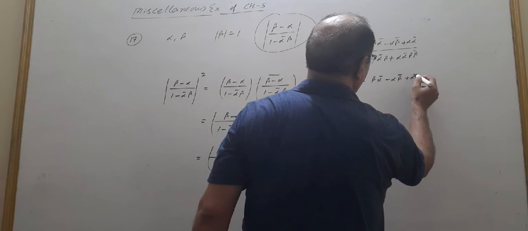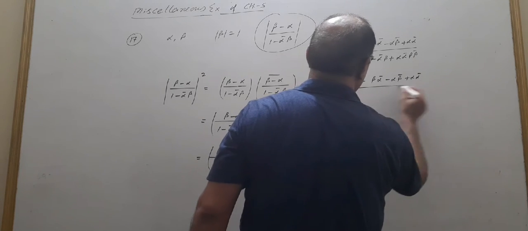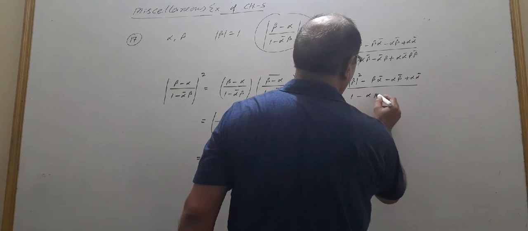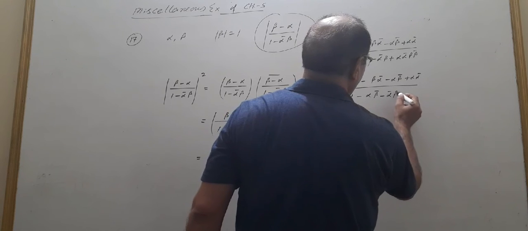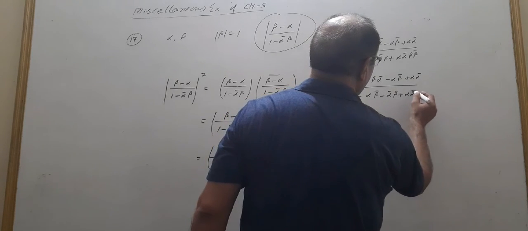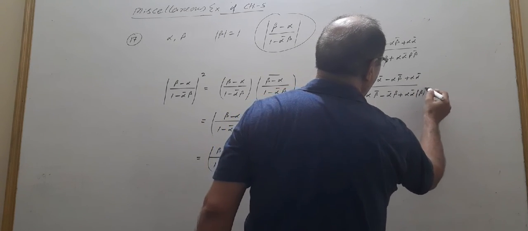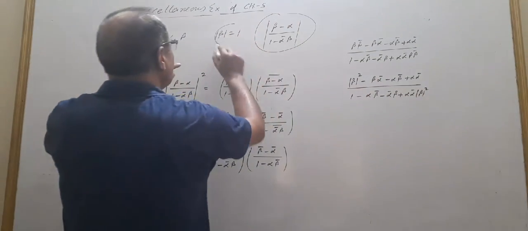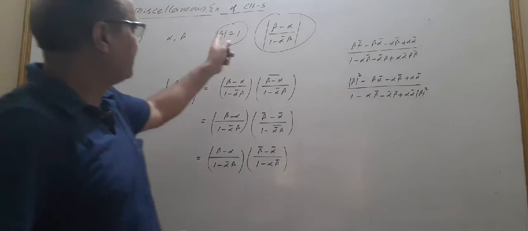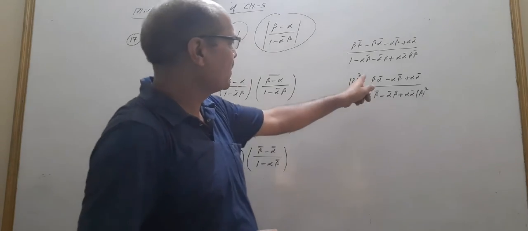Why am I changing this beta beta bar into this? Why not this alpha alpha bar? I will tell you, because the value of magnitude of beta is given. If beta magnitude is 1, then beta magnitude square is also 1.